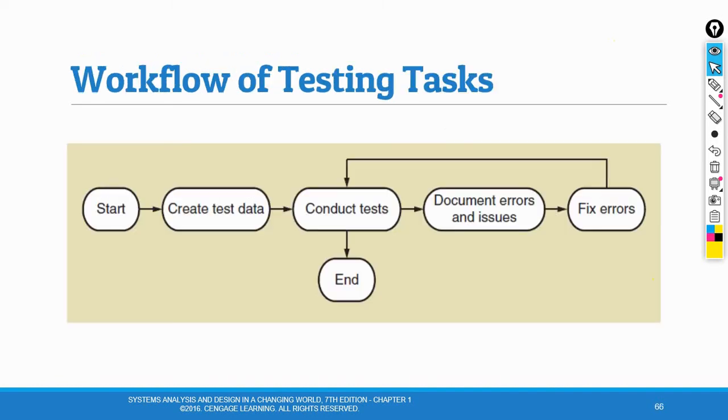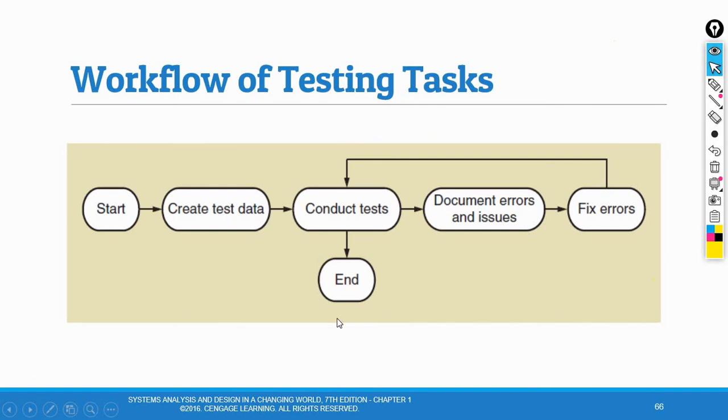This figure shows the flowchart depicting the testing cycle. Start by creating test data, conduct tests, and document errors and issues. Fix errors if there are any, then go back to conduct tests.